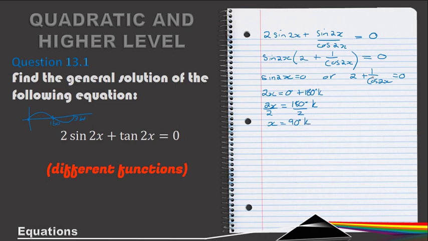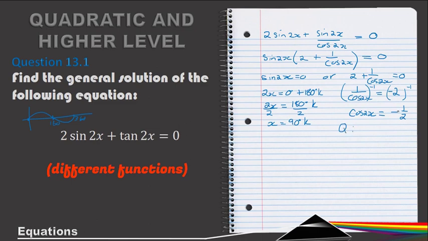Then for the other solution, first of all, let's make cos 2x the subject of the formula. I'm going to take the 2 over to the other side. I've got 1 over cos 2x equals minus 2. And then to get cos 2x on the top, I'm going to take the inverse of both sides. This will give me cos 2x equal to negative 1 over 2. Now to solve for that, let's start with the quadrant.